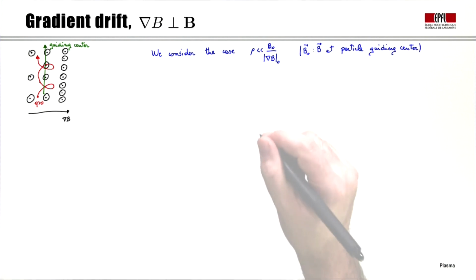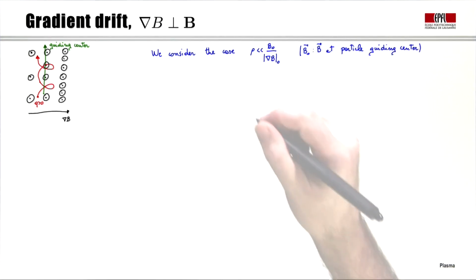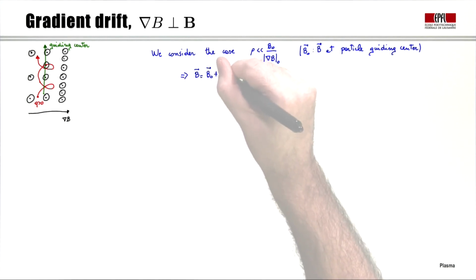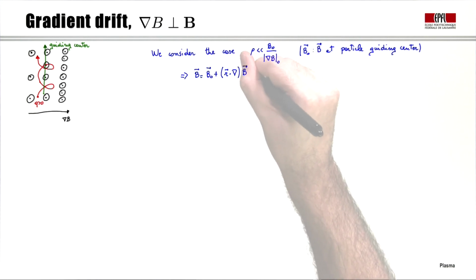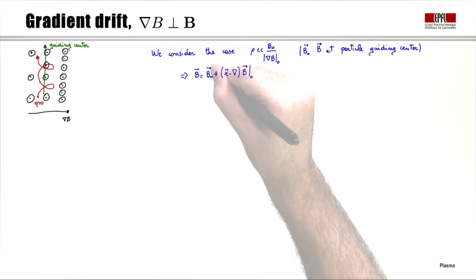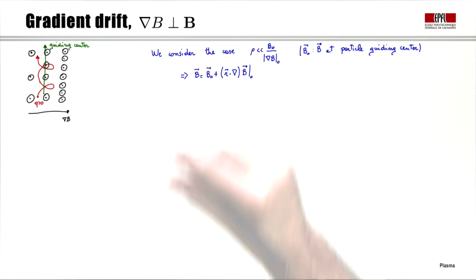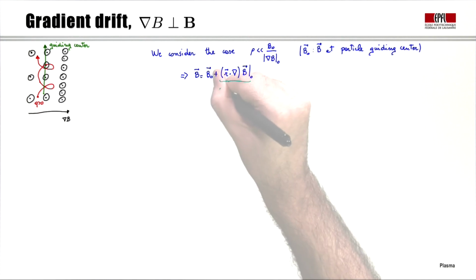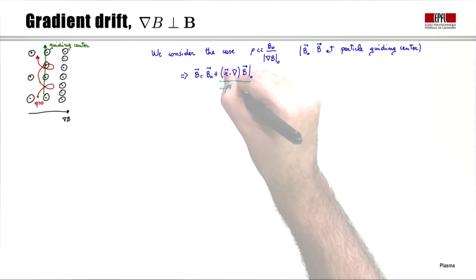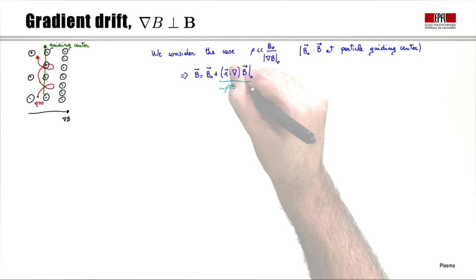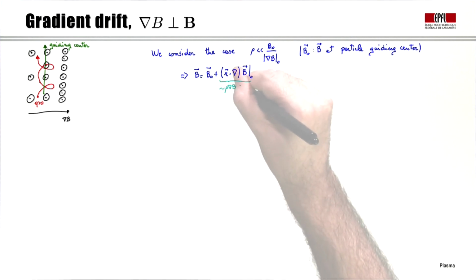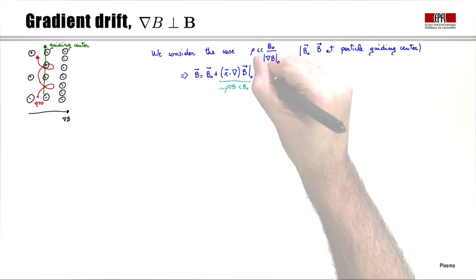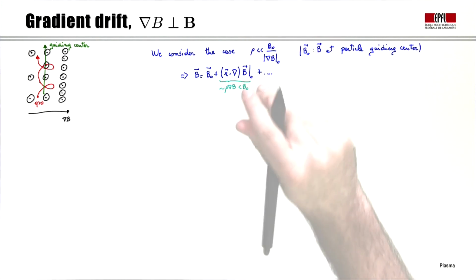What is the advantage of doing that? That if we want to know what is the magnetic field acting on the particle, we can expand around the guiding center. And if we estimate this quantity here, this will be of the order of rho grad B, that is much smaller than B0, and therefore we will be able to neglect all the other terms of higher order.